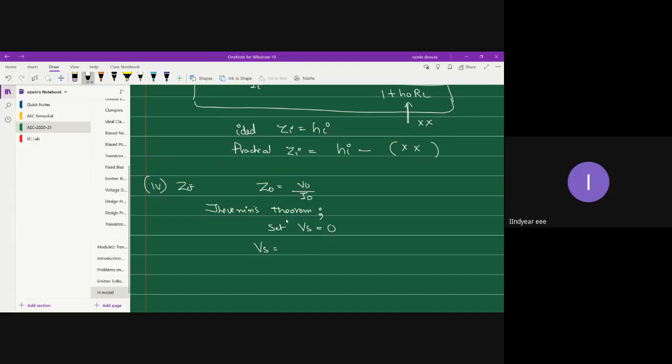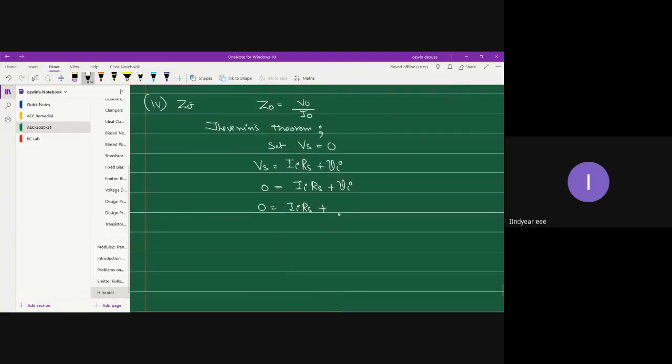In the beginning I have written Vs is basically Ii into Rs plus Vi. Since you are setting Vs equal to 0, LHS becomes 0, and it is Ii into Rs plus Vi, or 0 is equal to Ii into Rs plus Vi. In place of Vi, you can write down the expression Ii Hi plus HR V naught.